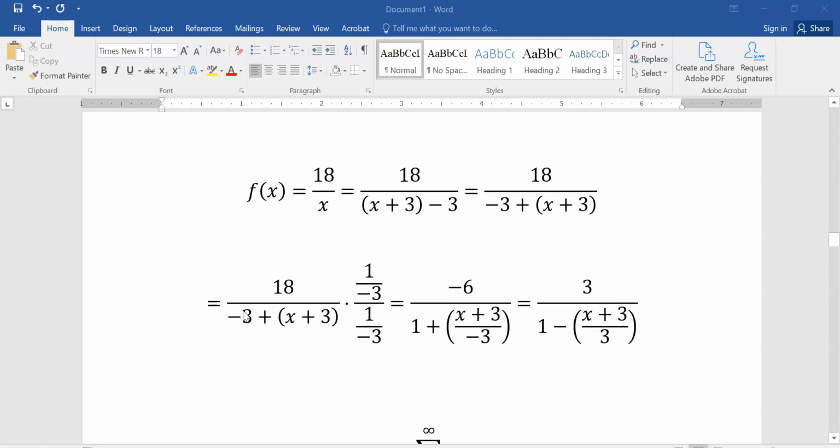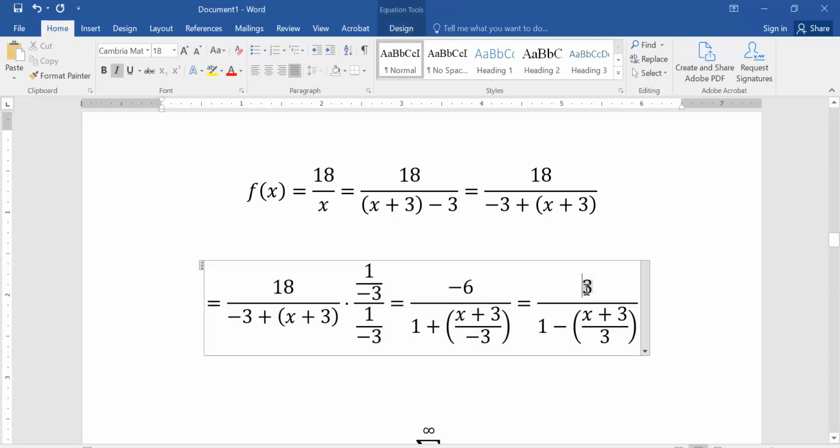Now, because we have a -3 here, we're going to multiply by 1 over -3 in both the numerator and the denominator.